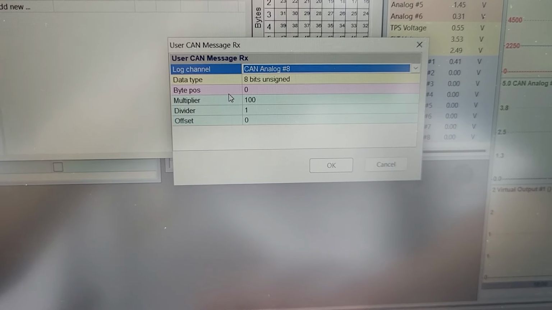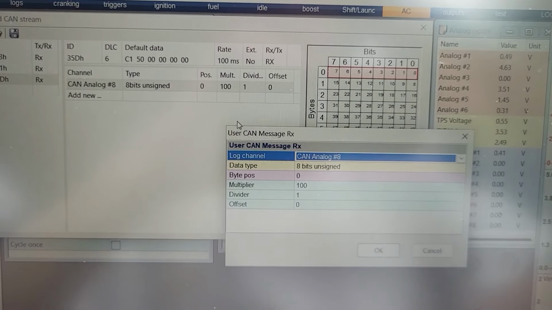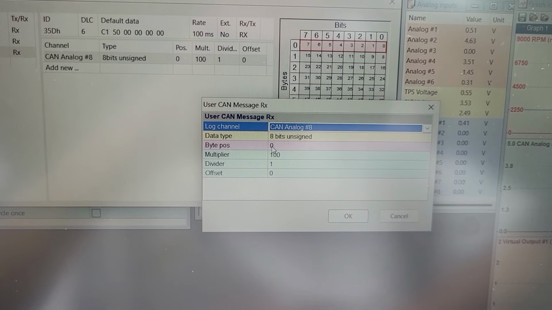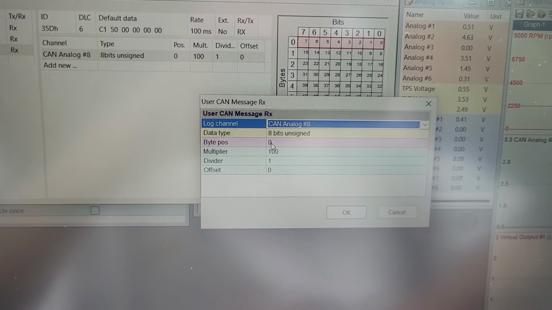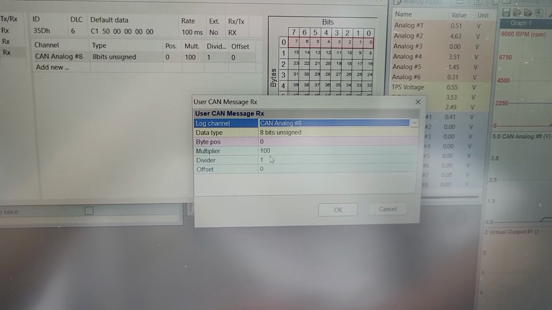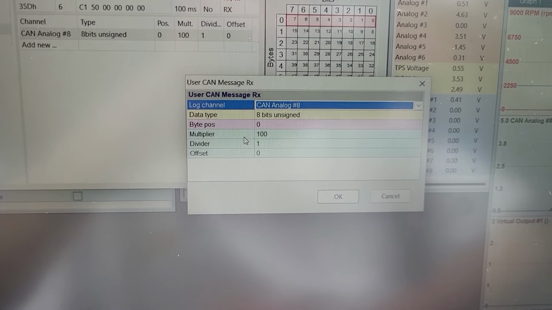Byte position is talking about in this message, which we set up here, what byte are we looking for? And we're looking for byte 0. That's C1. Then we've got some settings. Again, I had to do a bit of a refresher this morning to get my head around it.